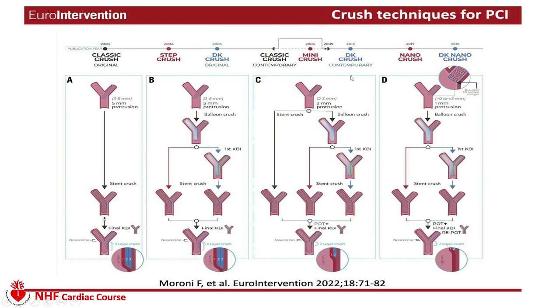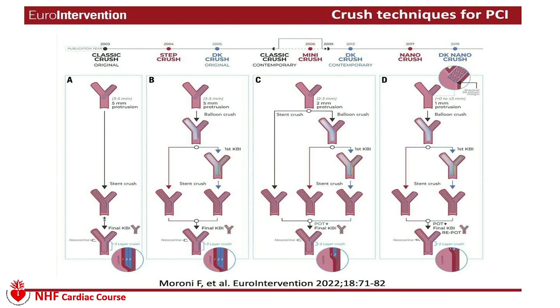Subsequently, the contemporary DK crush that we are using now protrudes only 3 millimeters of the side branch stent, reducing the amount of metal mass in the distal left main vessel. If the side branch is 3 or more millimeters and protrusion is 1 or 2 millimeters, there will be only two layers of metal. So that reduces the metal mass.